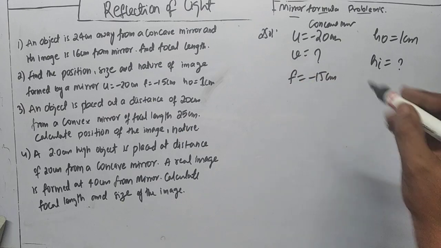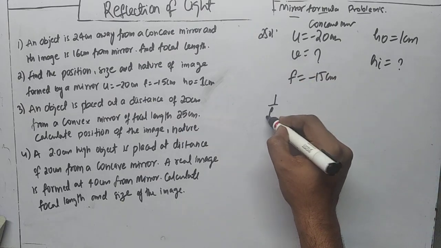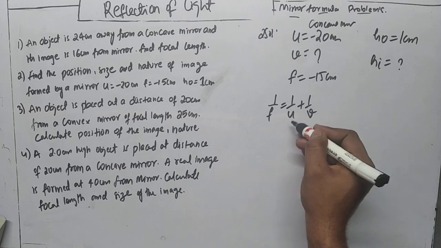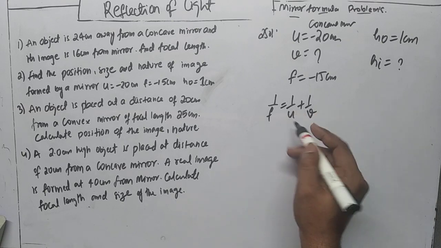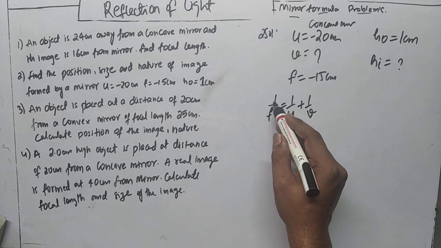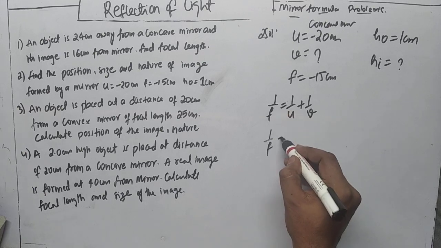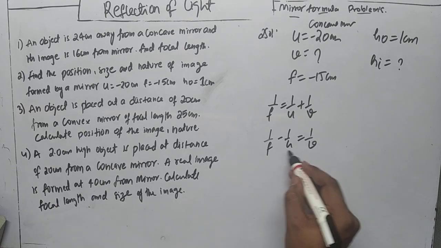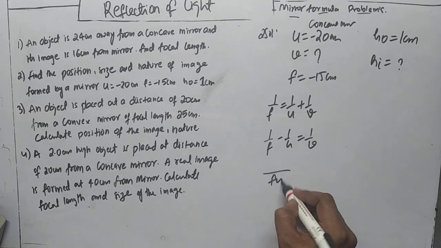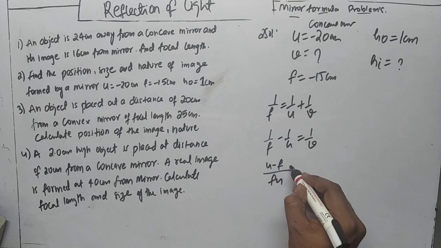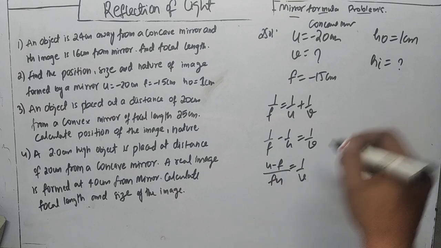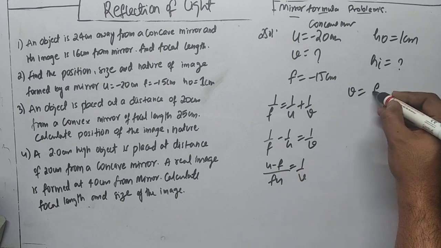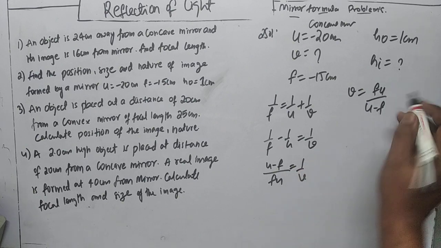To find v, we use the mirror formula 1 by f is equal to 1 by u plus 1 by v. So 1 by f minus 1 by u is equal to 1 by v. The LCM is fu, so we get u minus f over fu is equal to 1 by v. Taking the reciprocal, v is equal to fu by u minus f.